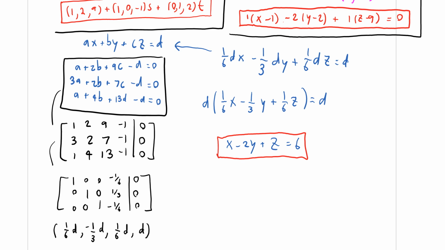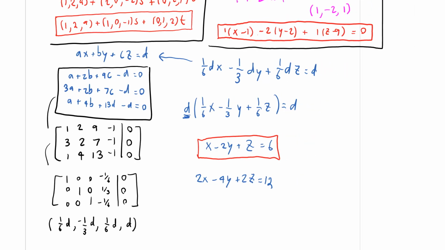One way that we can justify having the d around is that, notice how if I multiply this equation by a constant, let's say 2, I'm going to have 2x minus 4y plus 2c equal to 12. So this is also the same equation, an equation of the same plane.